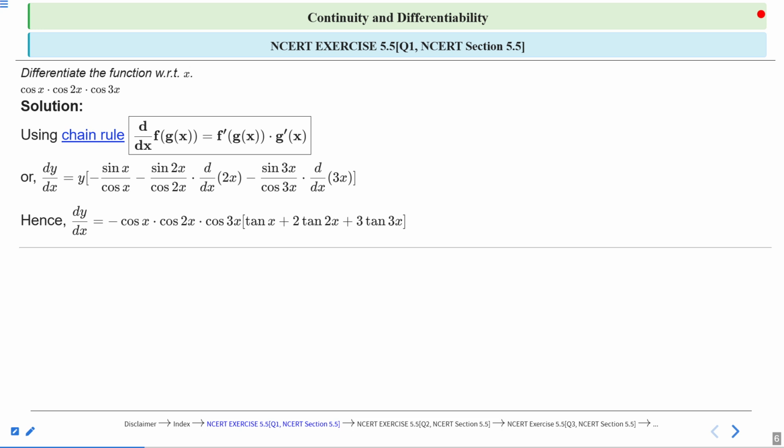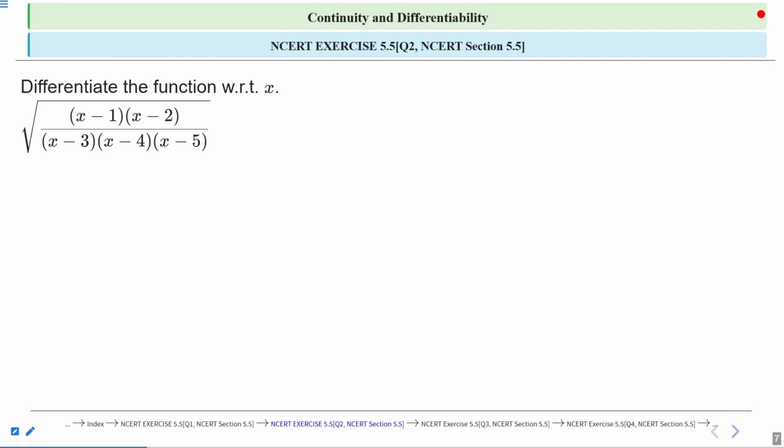Hence dy by dx will be equal to minus cos x into cos 2x into cos 3x into tan x plus 2 tan 2x plus 3 tan 3x, right? Got it? So this will be our required answer. Okay.